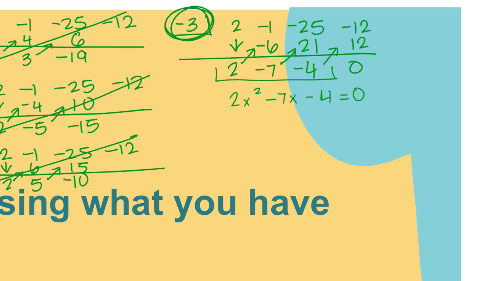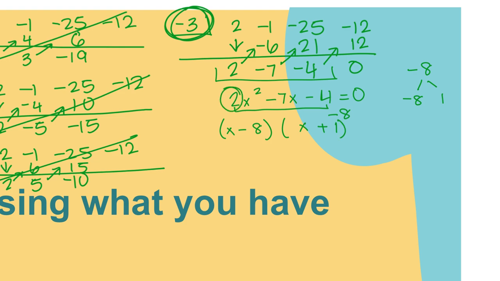Can I factor this? Let's check. 2 times -4 is going to give me -8. What multiplies to give me -8 and adds to give me -7? Good, -8 and a +1. So I'm going to have x minus 8 and x plus 1.